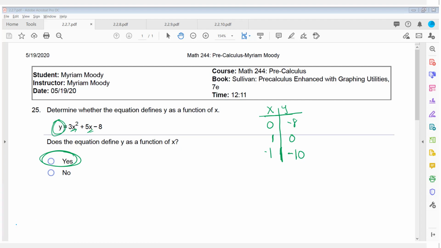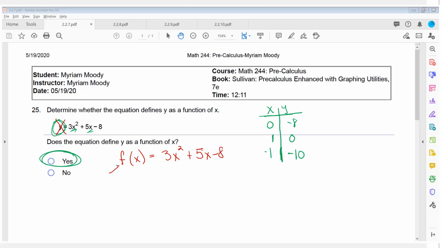And now that it's considered a function, we get to promote it. So when we promote it, the y is going to be rewritten. And we're going to write this y as f of x. That's how you pronounce this, f of x. And let me explain to you what this means.